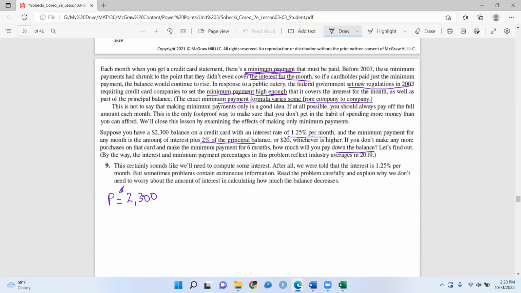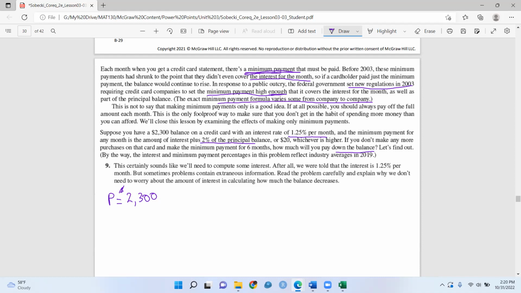The author makes a fun point here. It sounds like we have to compute some interest if we're told that interest is 1.5% per month. But it doesn't actually matter in this case, because we're not asking how much we're going to pay. We're just asking how much of the account balance will remain.